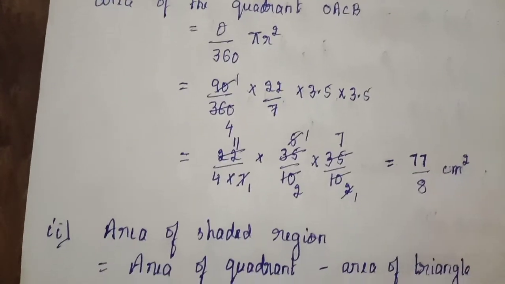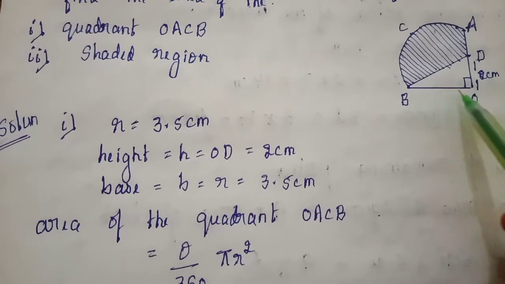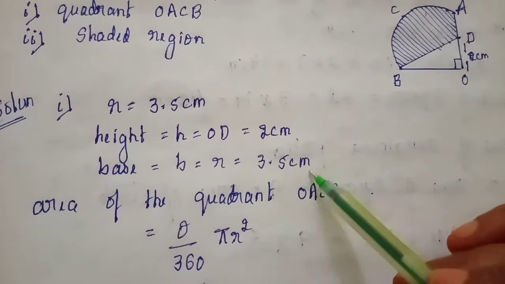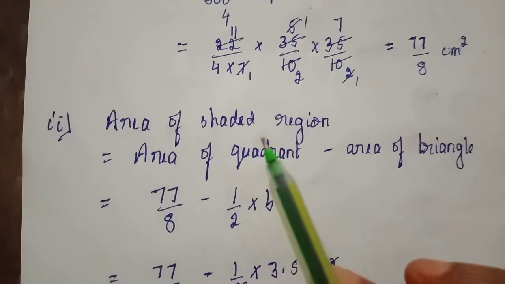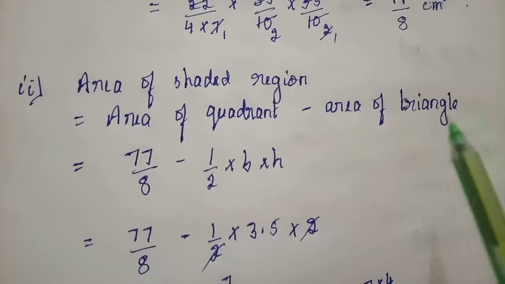And now to find area of triangle, we need base and height. So what is the base here? OB is the base. So base becomes the radius, that is 3.5 centimeter, and height is given already, that is 2 centimeter. Now let us calculate area of shaded region equals area of quadrant minus area of triangle.